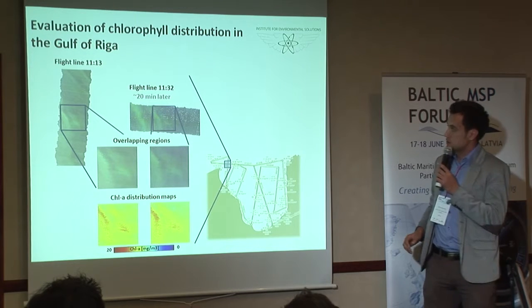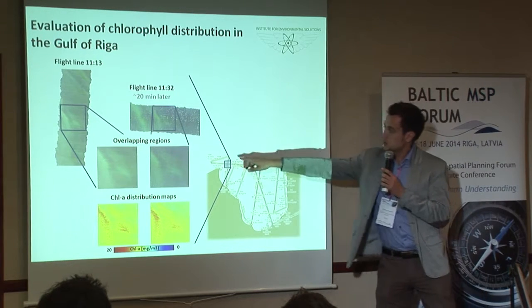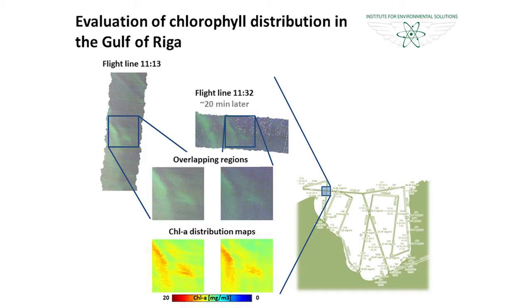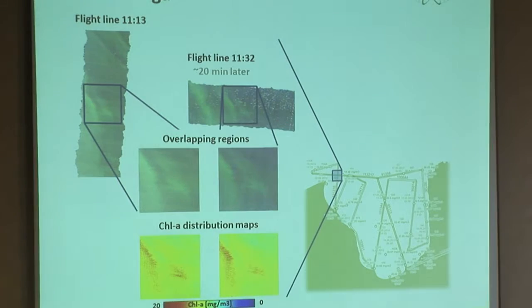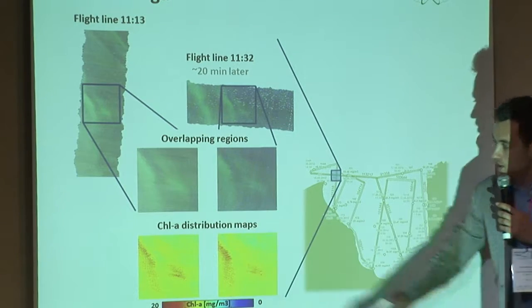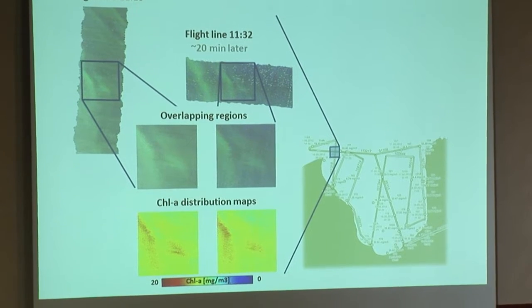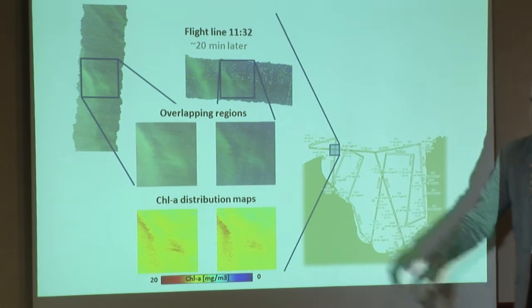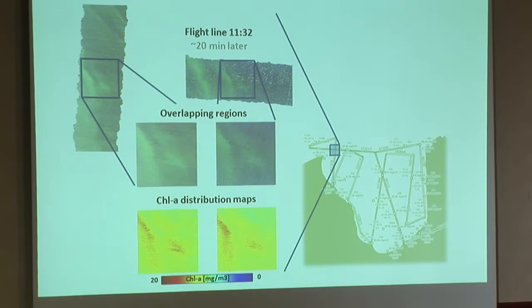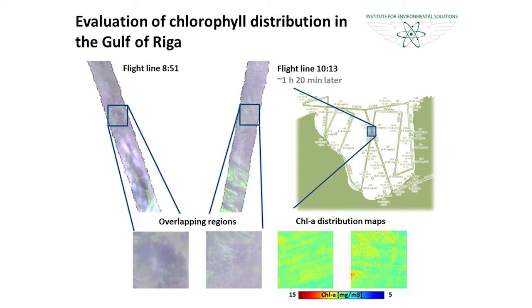Moving forward, we checked some lines which are crossing. For example, here is one line which was crossed within a frame of 1 hour, like a 20-minute delay. Of course, you can see this map, it quite correlates, but you can still see that a little change appears.